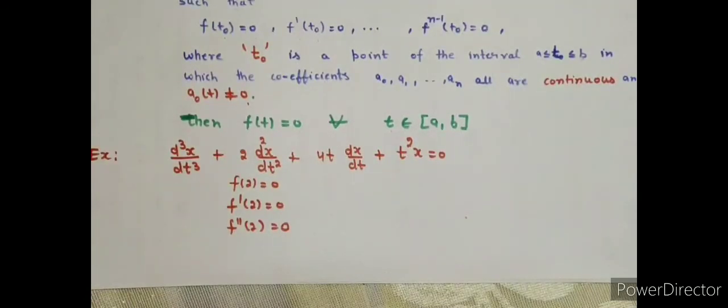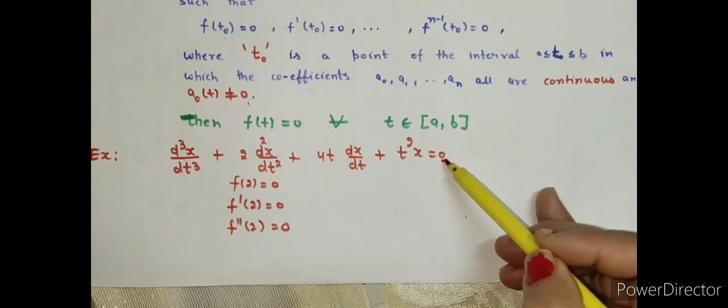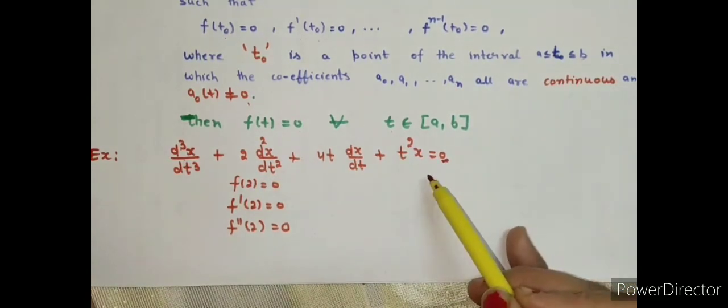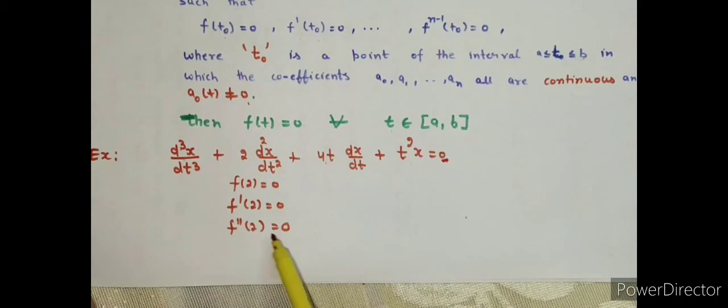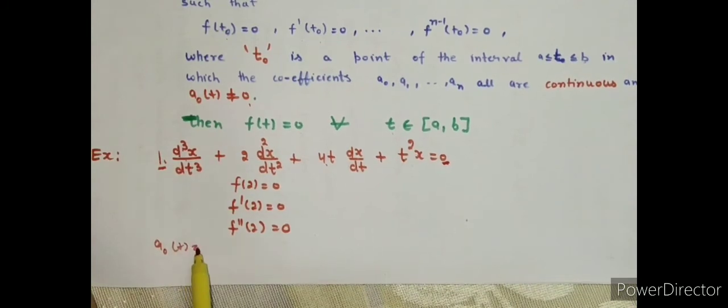Using this theorem, I can give the answer for the solution of this homogeneous linear differential equation. This is my third order homogeneous linear differential equation. Why am I saying homogeneous? Because my right hand side is 0 and the coefficients are variable here. This is the normalized form because a naught is equal to 1 and this is not equal to 0.